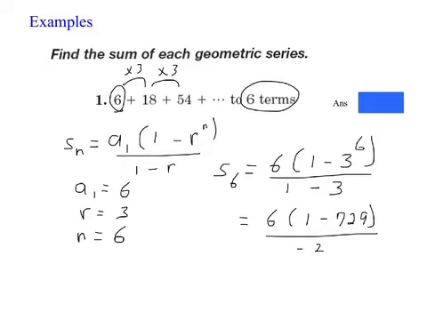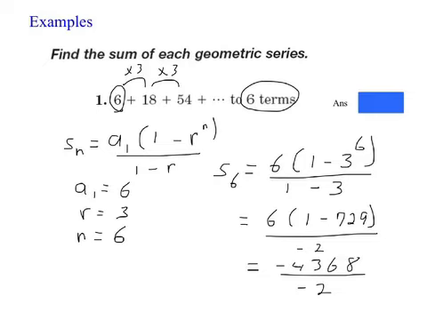Now let's take our calculator and go 1 minus 729, and of course that gives us negative 728. Then we times it by 6, and that gives us negative 4368 divided by negative 2.